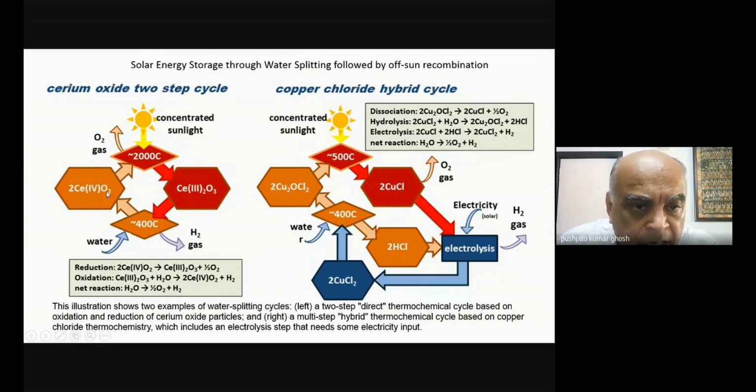Now, what has been found is that two molecules of this, if you heat it up to 2000 degrees centigrade, so it's an improvement over the 3000 degrees centigrade, but while one has written concentrated sunlight, it's not a matter of joke to reach a temperature of 2000 degrees centigrade. Easier said than done.